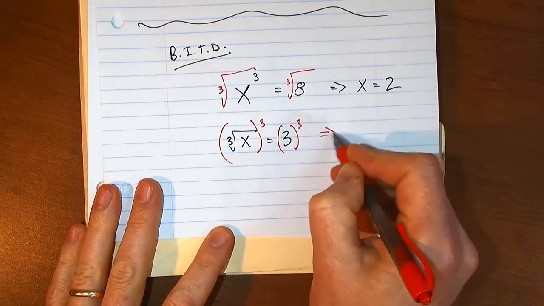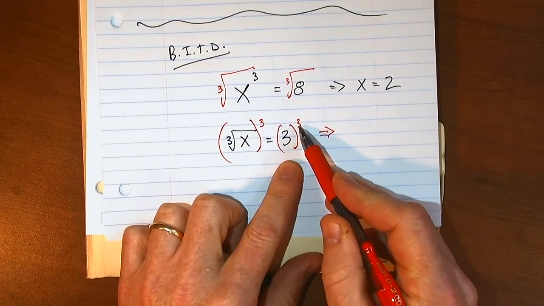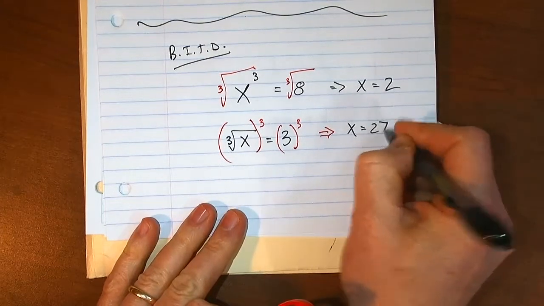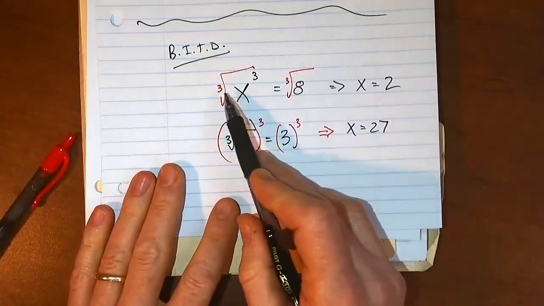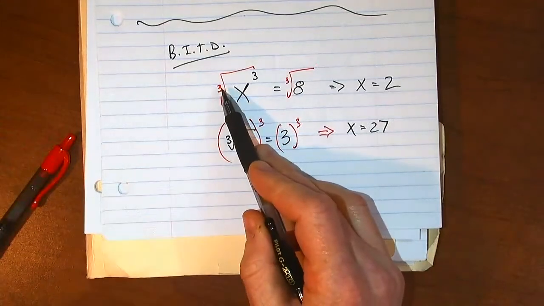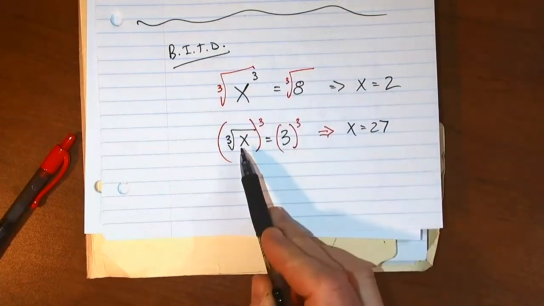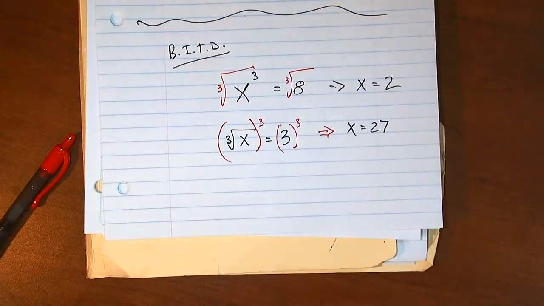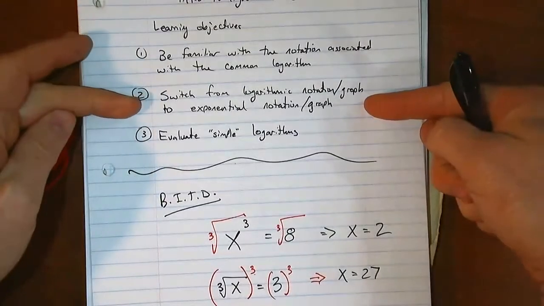And so I can figure out what x is here just simply by taking 3 and raising it to the 3rd power. So 3 times 3 is 9, times 3 is 27. So inverses work both ways. I can use the inverse, the cubed root function, as being the inverse of the cube. I can also use the cube as being the inverse of the cube root. It works both ways. And so that's what we're getting into with learning objective number 2.